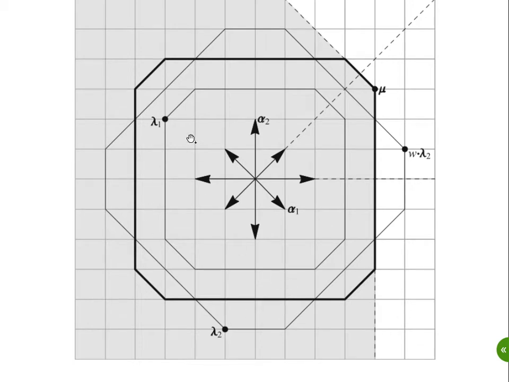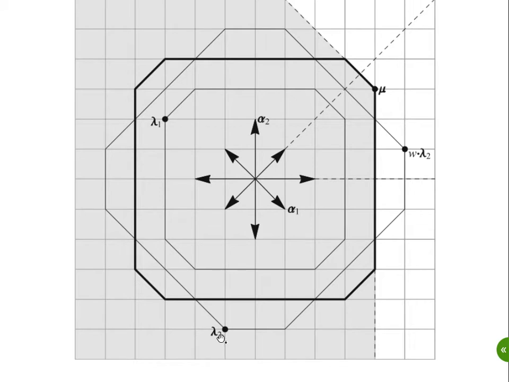Lambda 1 is smaller than mu because the convex hull of its Weyl group orbit is inside of this octagon. On the other hand, if you want to compare the partial ordering between these two, you consider the Weyl group orbit, and it is not contained in this.